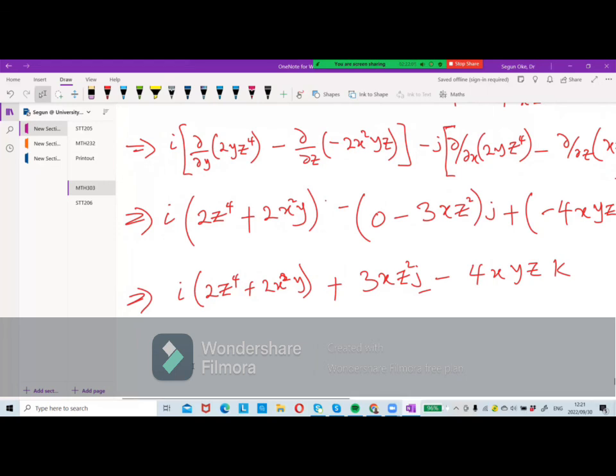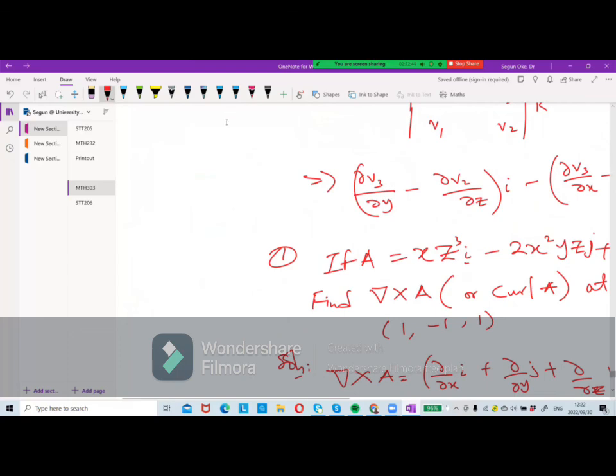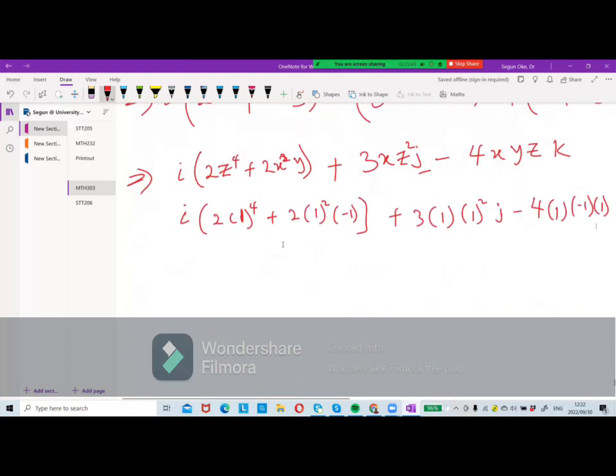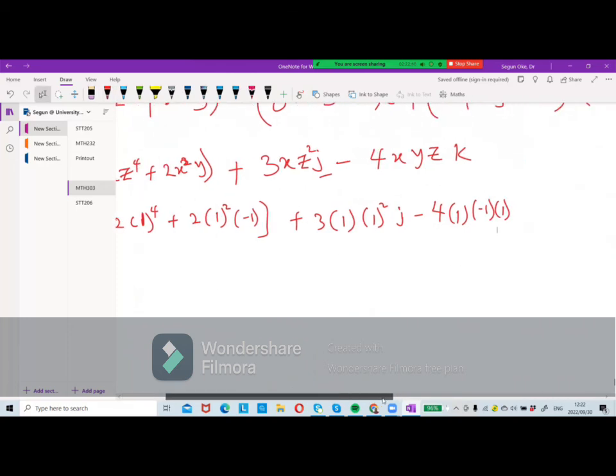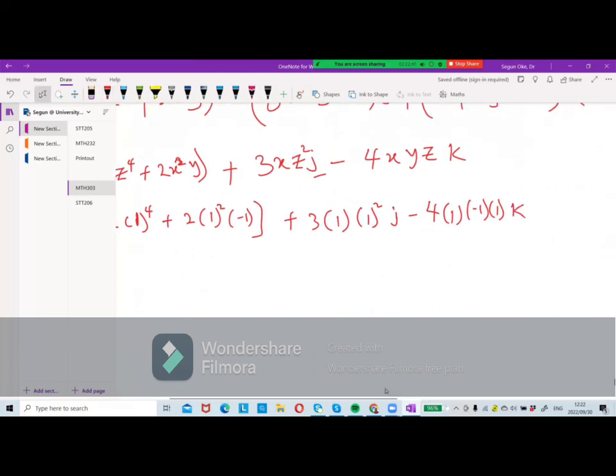So what do you get? We have 2 into brackets, 1 raised to power 4, plus 2 into bracket 1 squared, minus, open the bracket, minus 1, plus 3 into bracket 1 squared, j, minus 4 into bracket 1 times minus 1 times 1. We have 2, that's all, k.